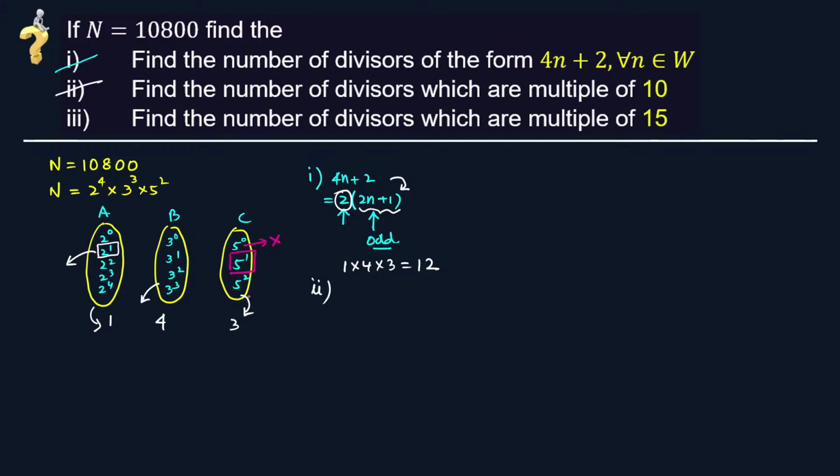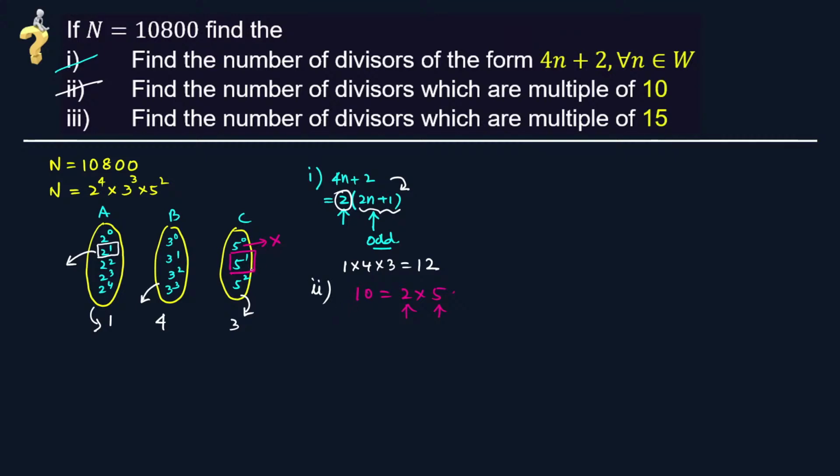Because in 10 we have 2 into 5, so I need at least one 5 and at least one 2 to make this 10. So I cannot use 5 to the power 0 in this case, because 5 to the power 0 gives us 1, so we will not get 5 anymore in our product.